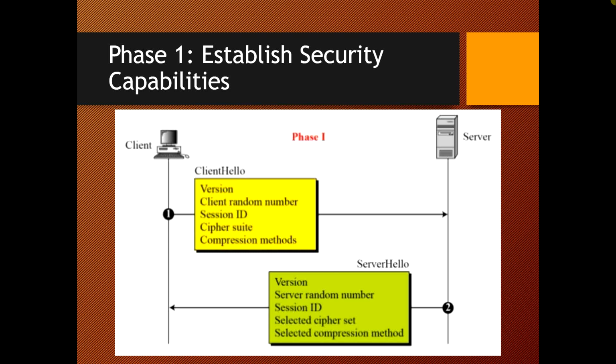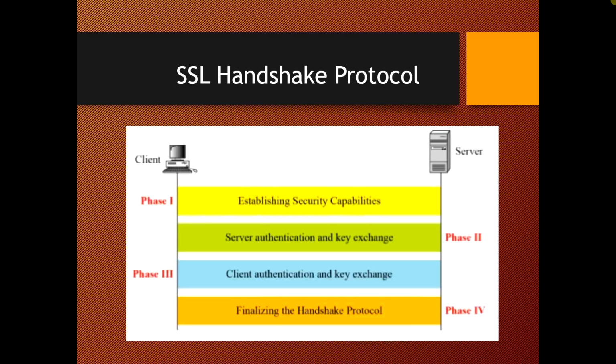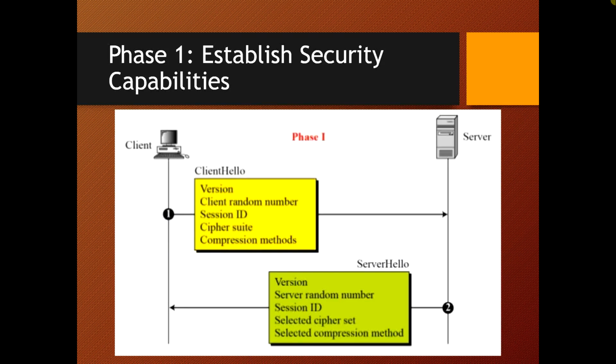The first phase, as we have looked at earlier, is meant for establishing the security capabilities. In phase 1, I have shown the client and the server here, and this client hello message in itself contains various parameters: version ID, client random number, session ID, cipher suite, and compression methods.